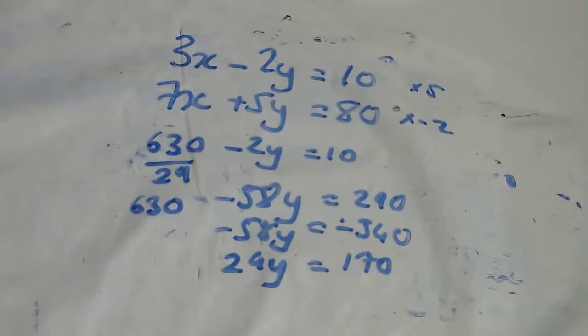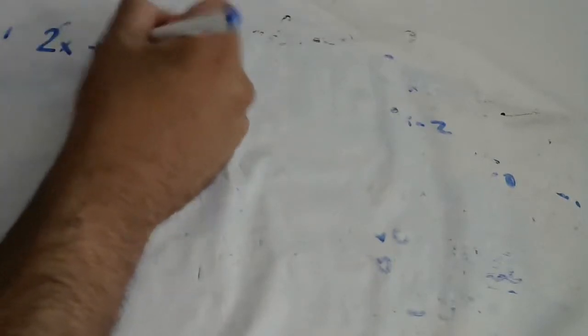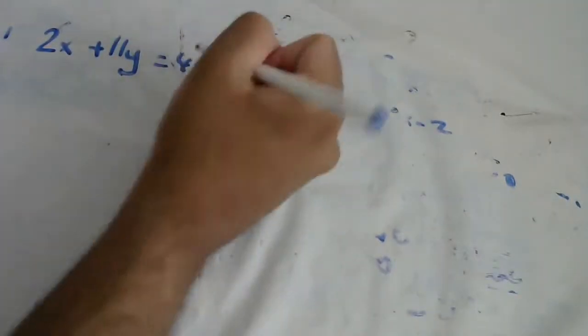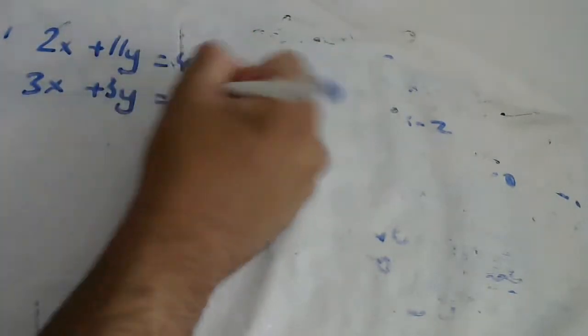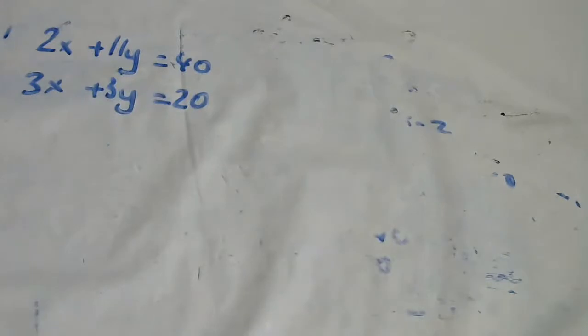All right, so what I'm going to do now is put up your homework questions just to remind you, it is this and it is revision of quadratics. So question number 1, 2x plus 11y equals 40, and 3x plus 3y equals 20. That's equation number 1.